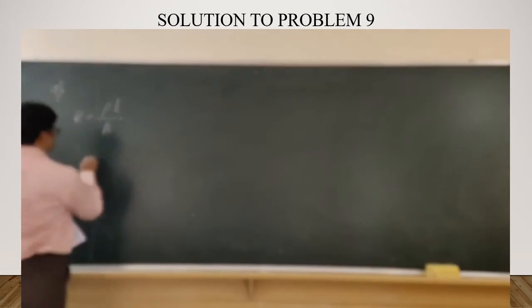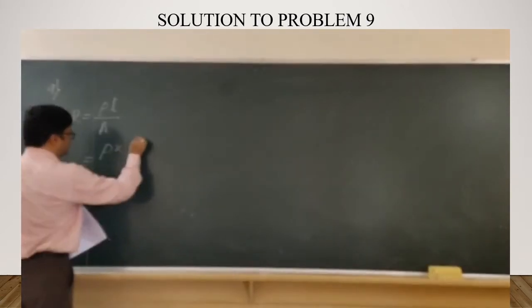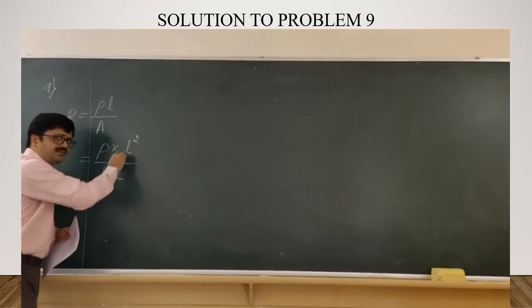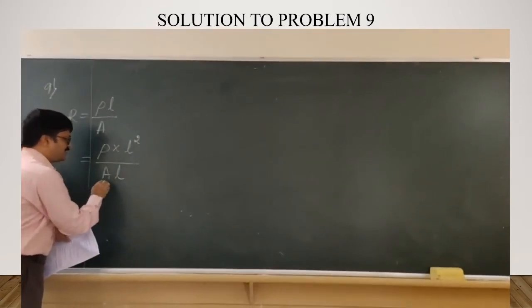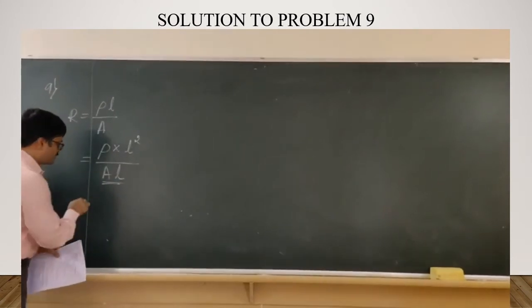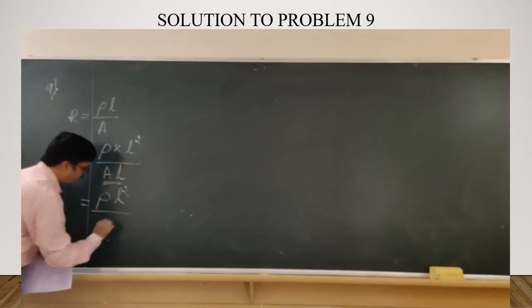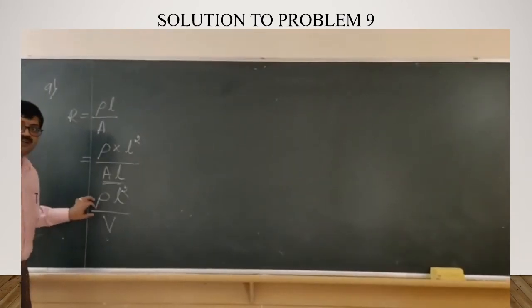What we do here is rho into L square divided by area into length. That is, we multiplied and divided by length. Then what we have obtained here, area into length, is volume. So it is rho L square divided by volume. Very clearly, rho and V are constant here.